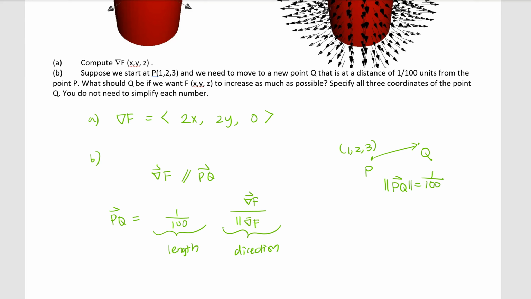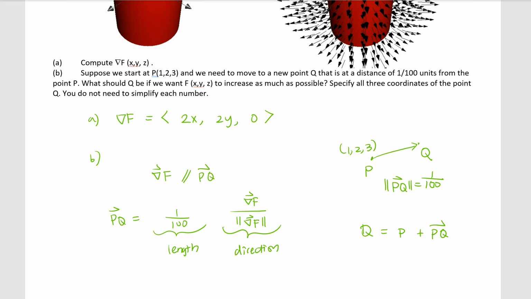So we use the gradient vector and divide it by its length. Then we get a unit vector just to point out the direction. Okay, so after we find PQ, then Q is just the point P plus the vector PQ.